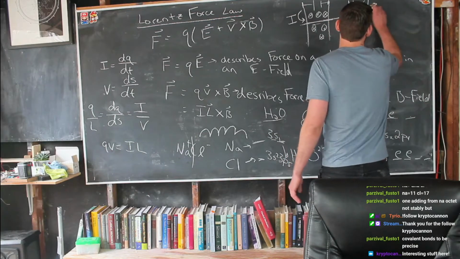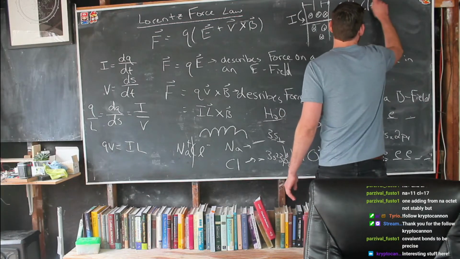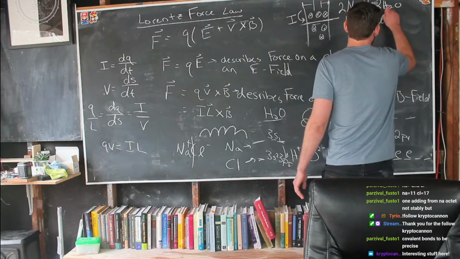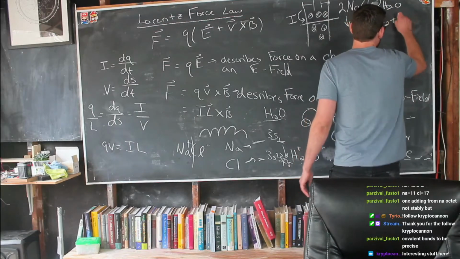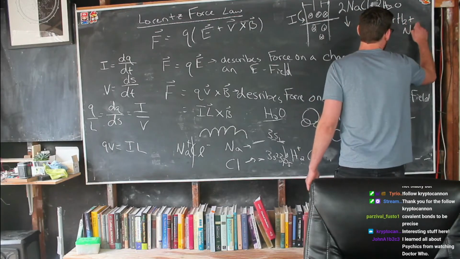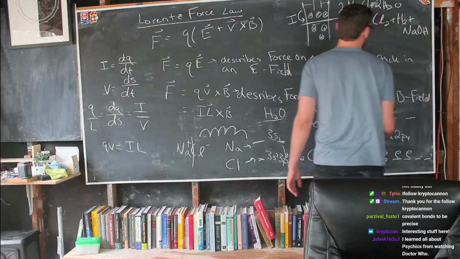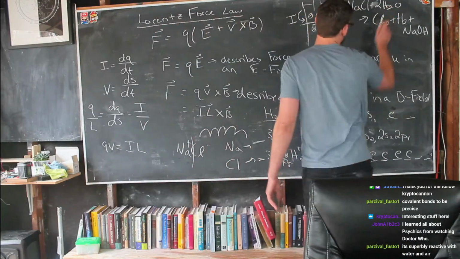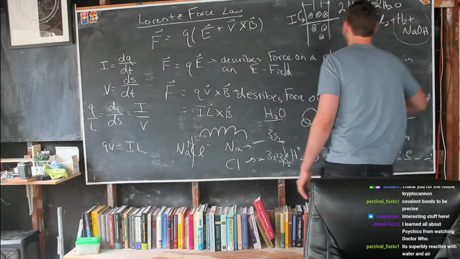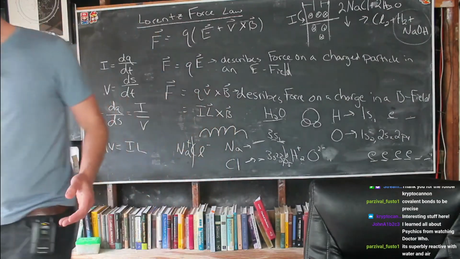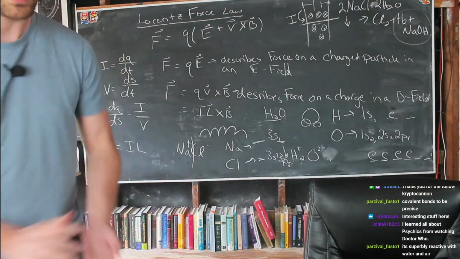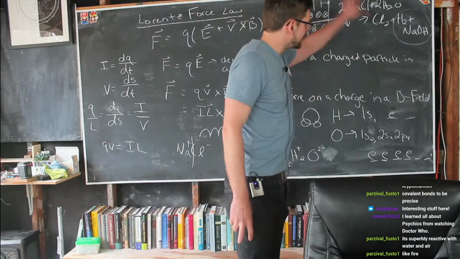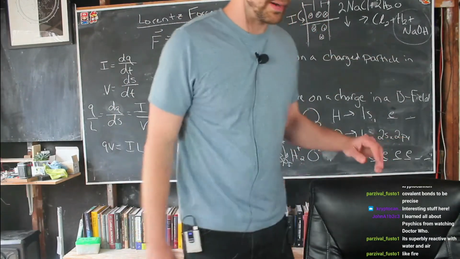NaCl plus H2O, I think it's 2 NaCl plus 2 H2O yields Cl2 plus H2 plus NaOH. And if you were just to take sodium and put it in H2O, you get this stuff, which is where the violent reaction occurs. So one side is going to be chlorine gas happening, and the other side is going to be the sodium and the water making a different chemical compound. But it's going to be interesting.